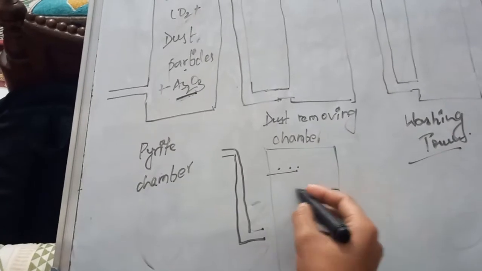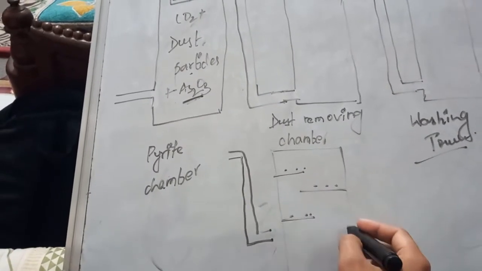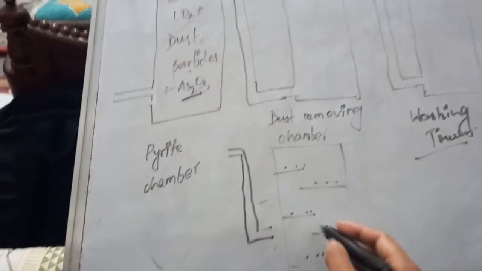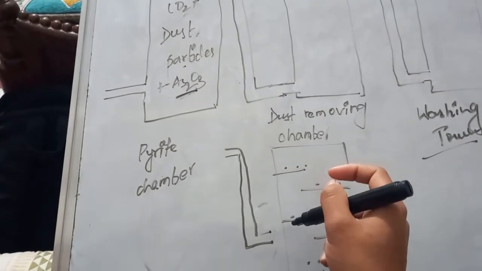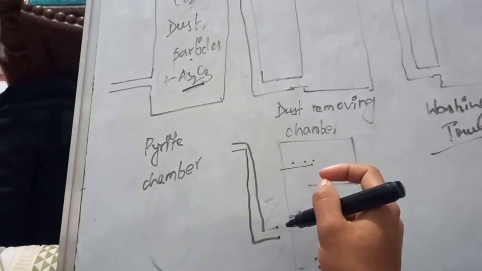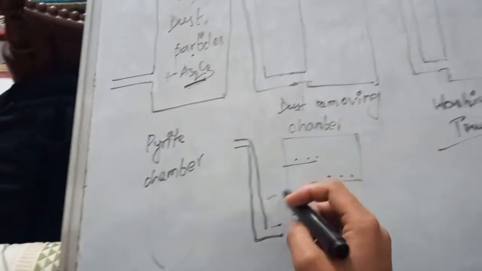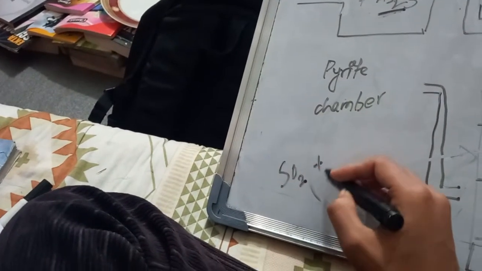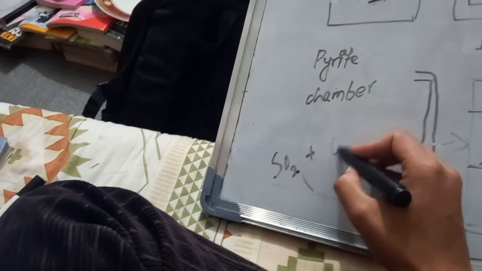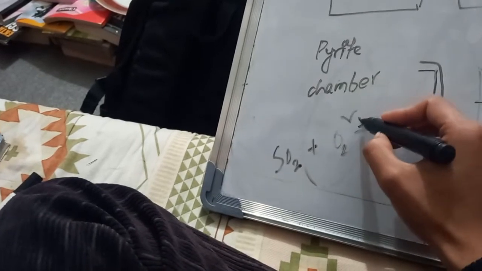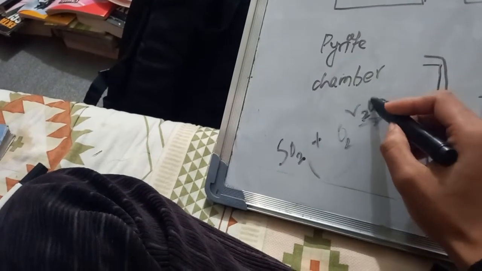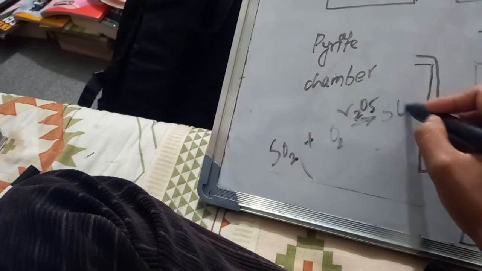In this whole process there is the reaction with V2O5. Here we have SO2 plus O2 giving SO3 in the presence of V2O5. Yes, we got SO3.